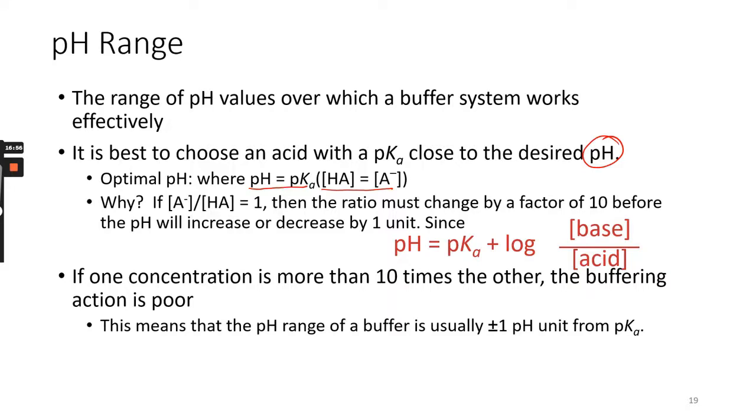If one concentration is more than 10 times the other, then the buffering action will be poor. So you want your concentrations of acid and base to be very similar. If it's greater than 10 times difference, then the buffering is really not going to work well. And that really means that the pH range for a buffer solution is normally plus or minus 1 pH unit from the pKa.